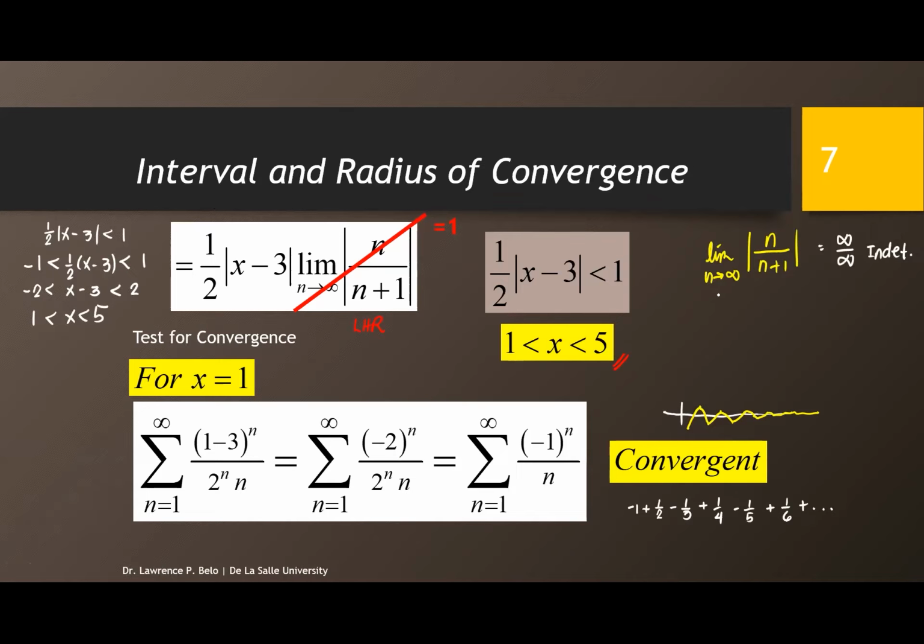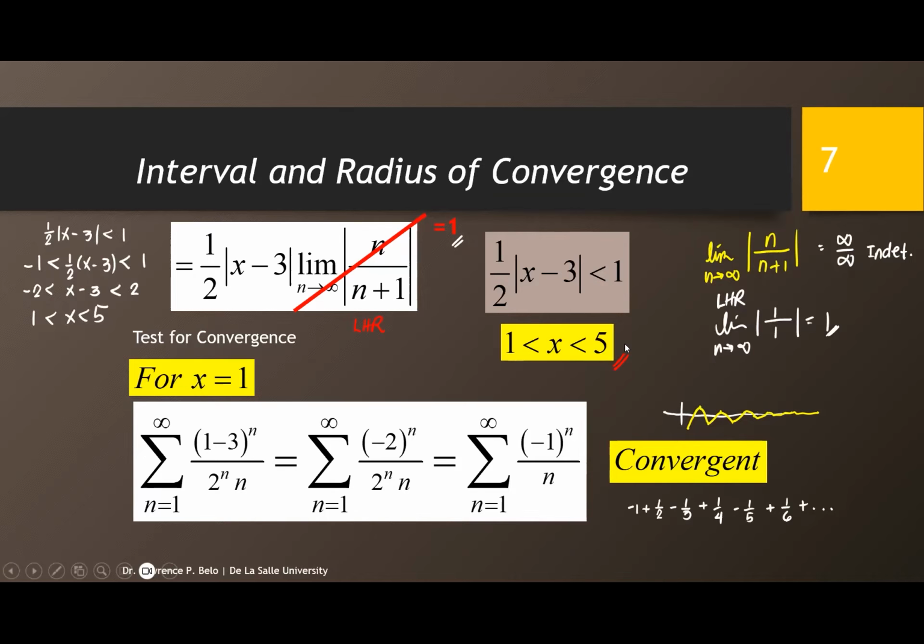If it's an indeterminate form, we apply L'Hopital's rule. The derivative of the top with respect to n is 1. The derivative of the bottom is 1. The limit as n approaches infinity is basically 1. That's why you have 1. Let's go to the next. So for x is equal to 1, it is convergent.